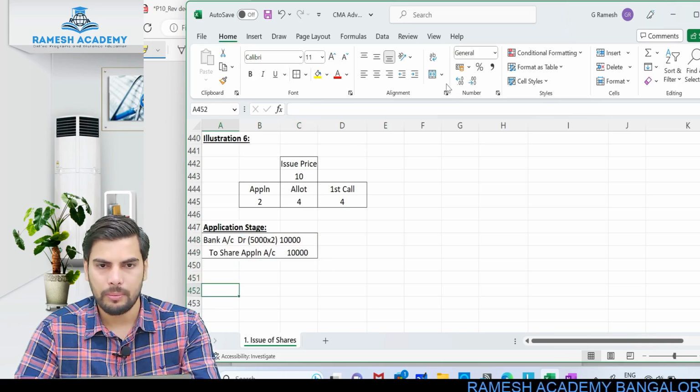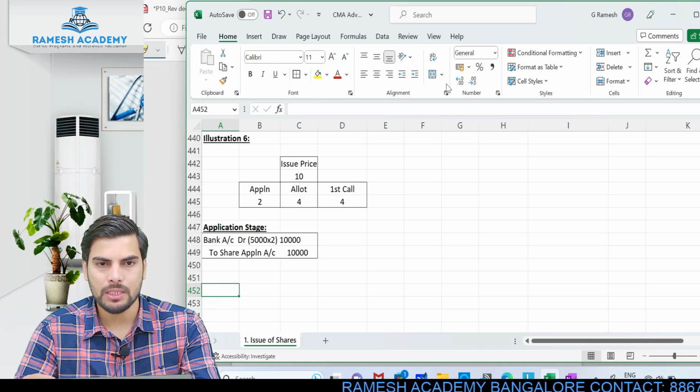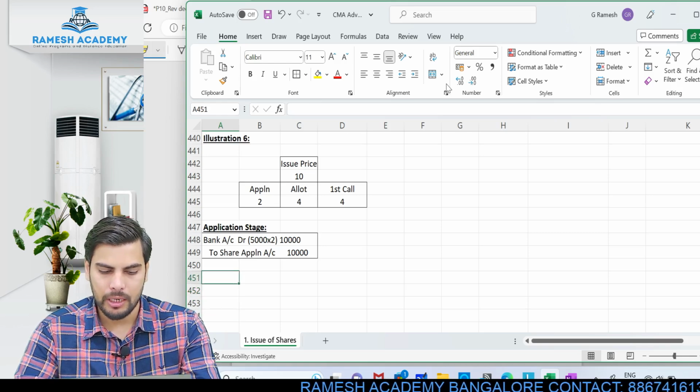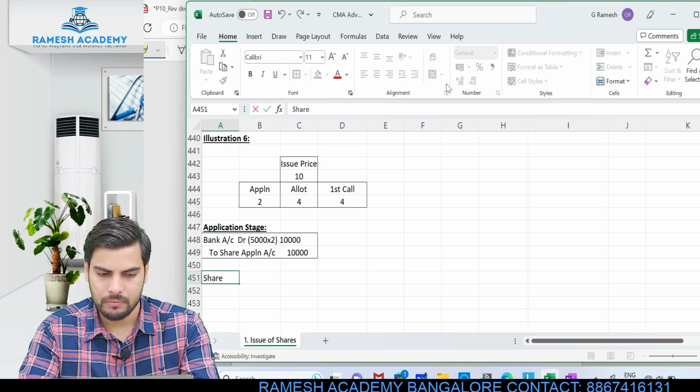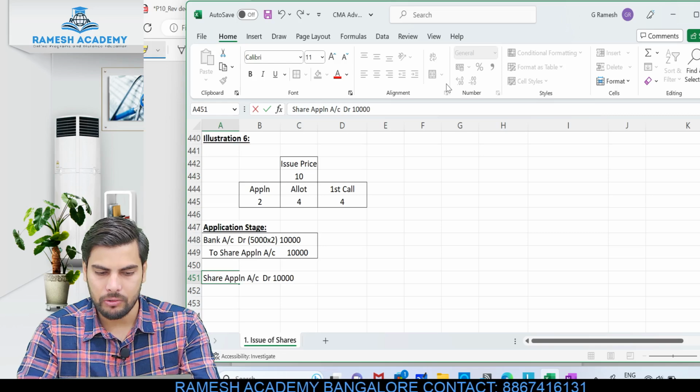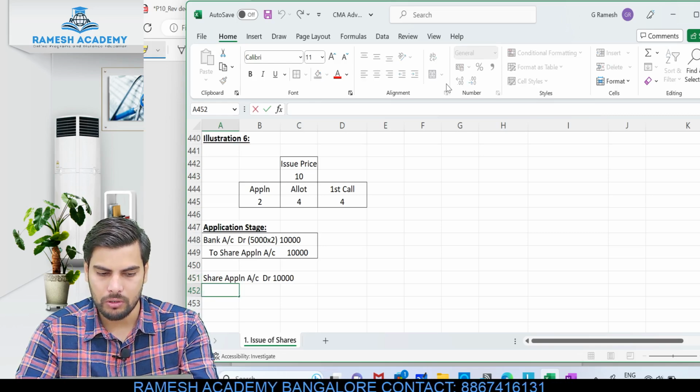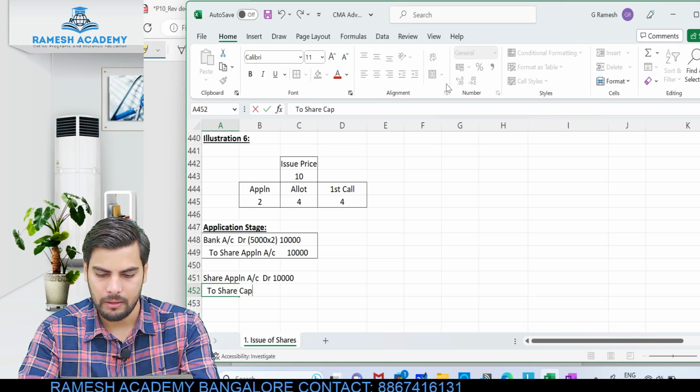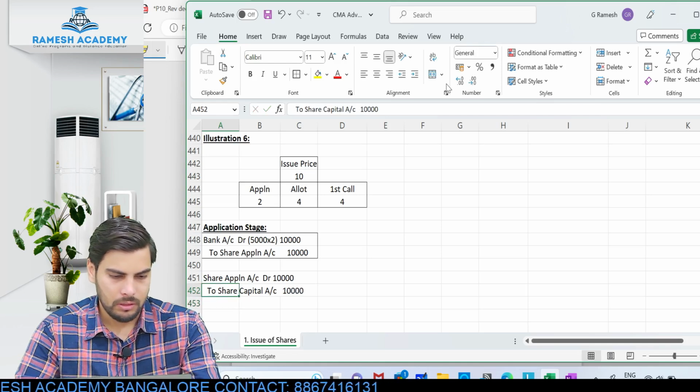So bank account debit to share application account, this would be the first entry. Now where am I supposed to transfer this amount? I am supposed to transfer this amount to share capital. So the immediate next entry will be share application account debit. This entire 10,000 rupees will be transferred to share capital account, 10,000. Simple.